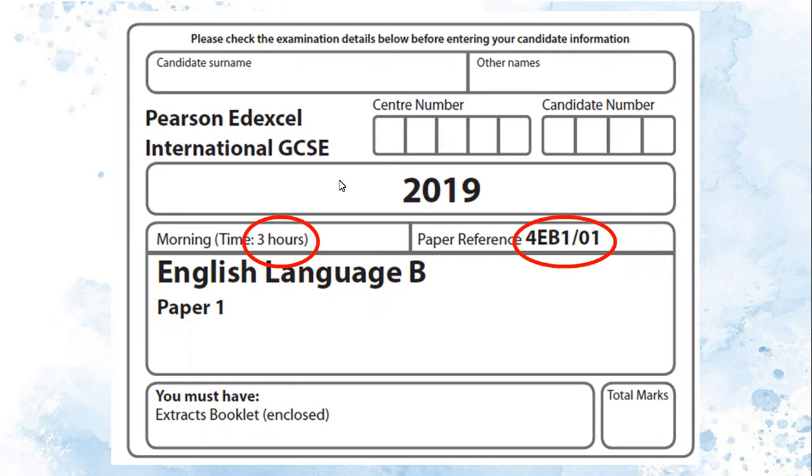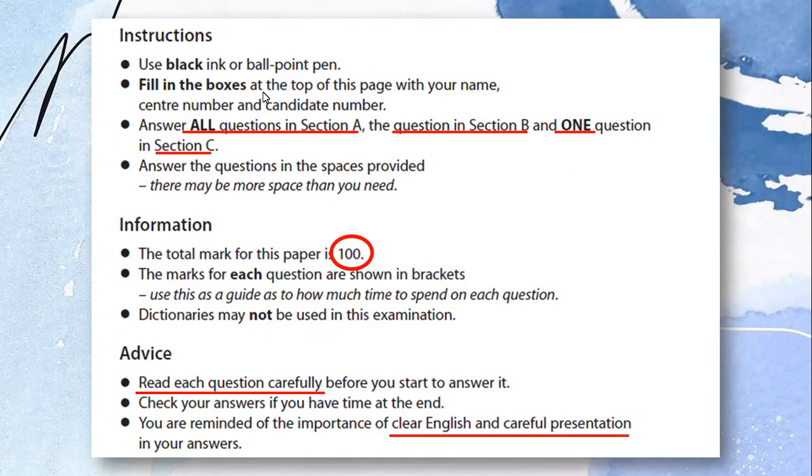So this is what they mean by the boxes at the top. And in the third point, it says answer all questions in Section A. So these are the things you need to read very thoroughly: all questions in Section A, the question in Section B, and one question in Section C.